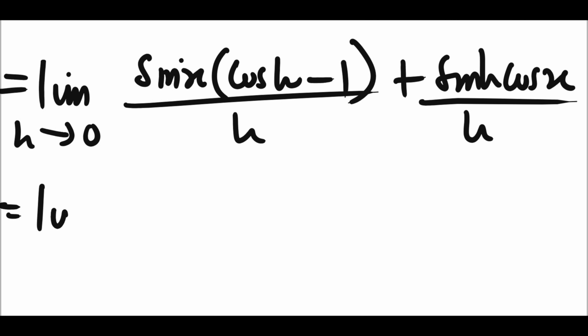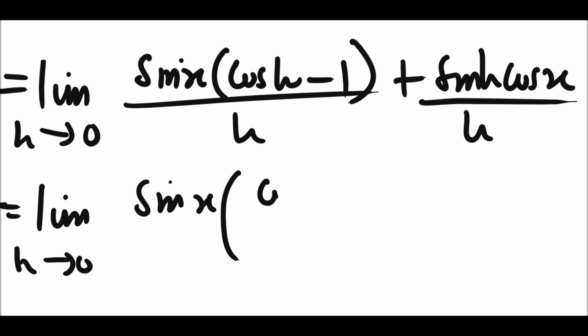All right. So we have the limit as h approaches 0. Then we have sine x multiplying cos h minus 1 all divided by h. Since the h is common to all of them, we can divide just one of the factors of the expression by the denominator.